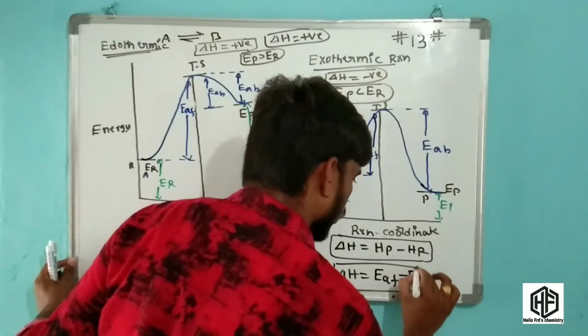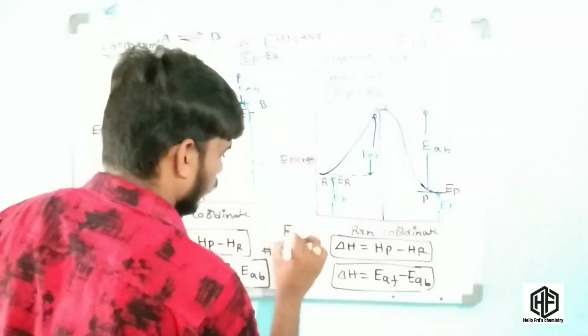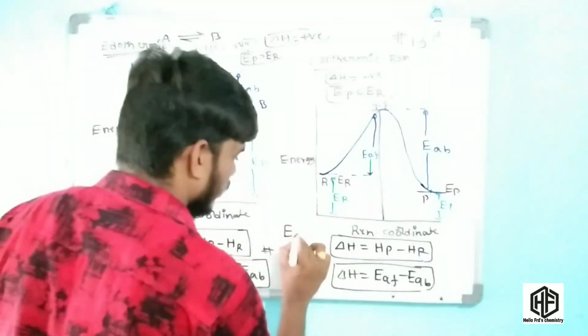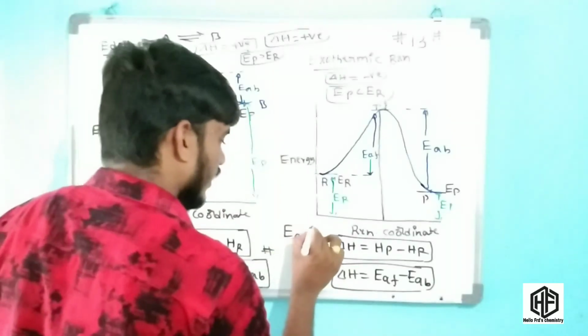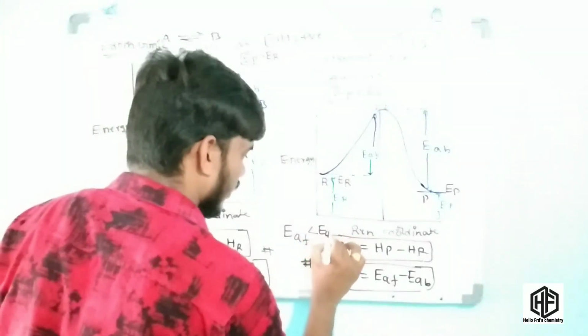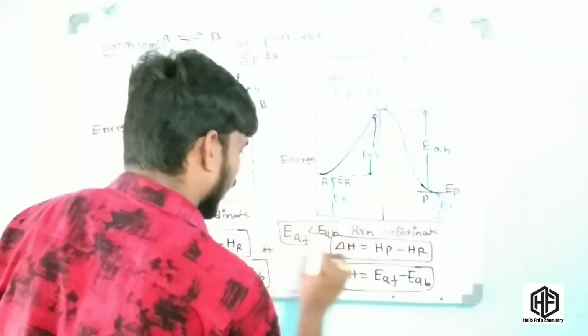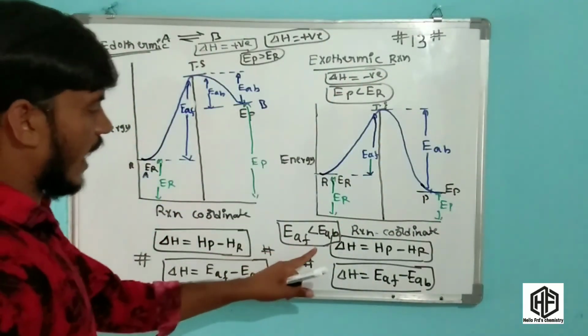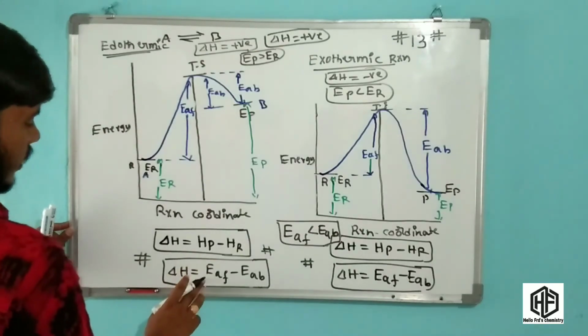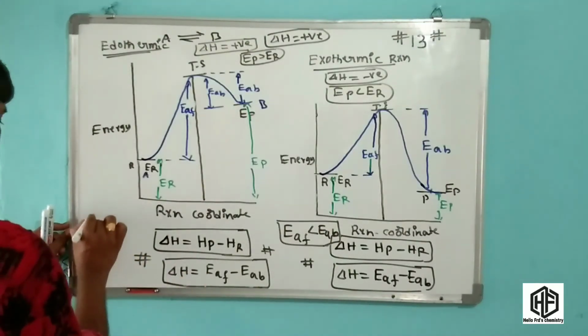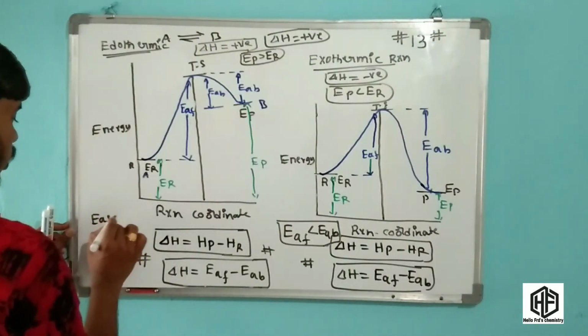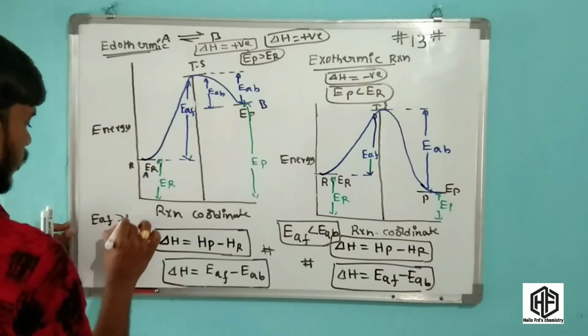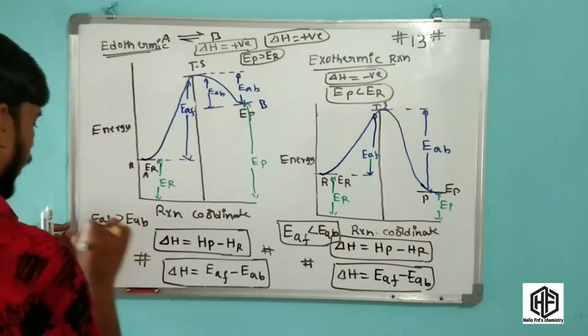Friends, in this exothermic reaction, the activation energy of forward is less compared to the activation energy of backward. This is the condition for the exothermic reaction in terms of activation energy. But in the endothermic reaction, the activation energy of forward is very high compared to the activation energy of backward.